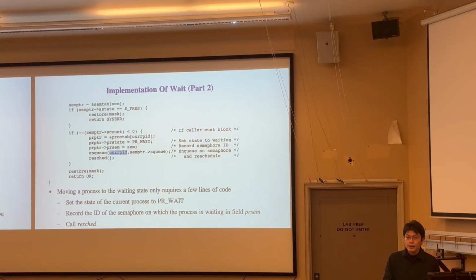So that's how the blocked process is added to the semaphore's queue, and then you call rescale, which means that the current process is blocked, so let's switch in another process.